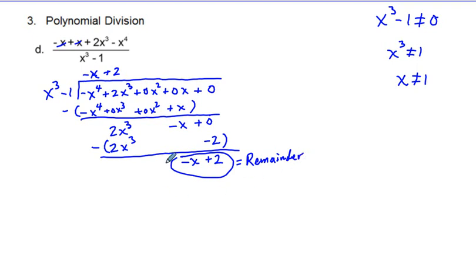So our summary statement form is going to be, okay, I'll put summary statement.